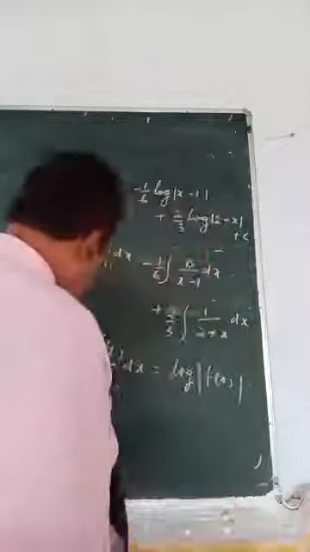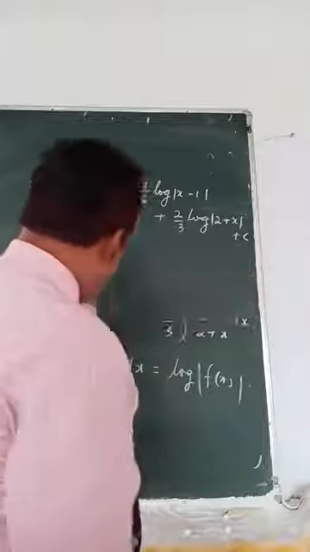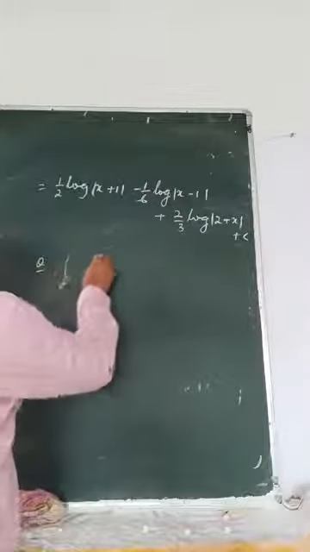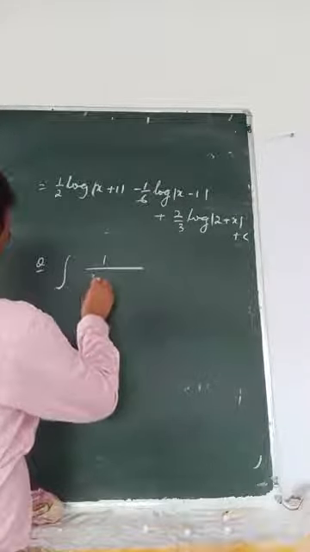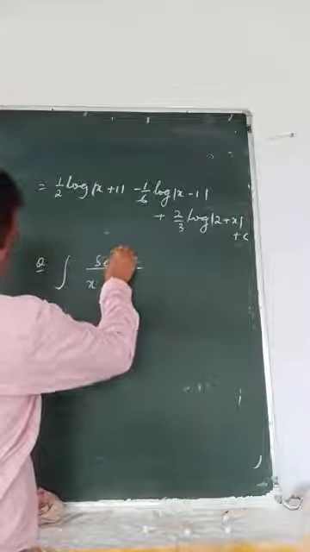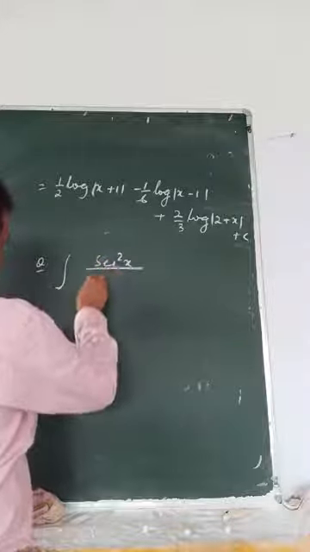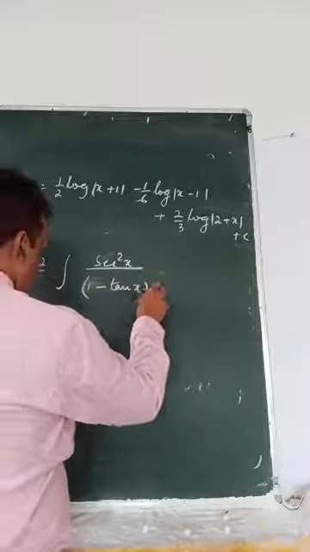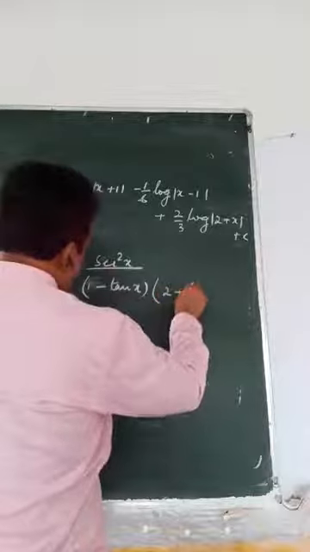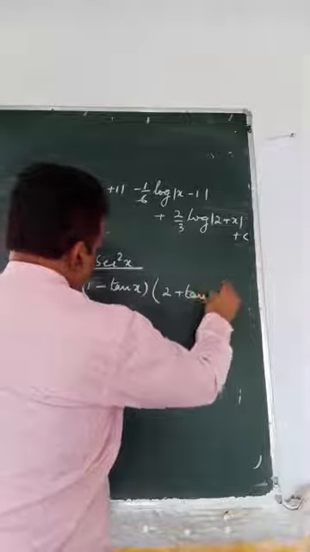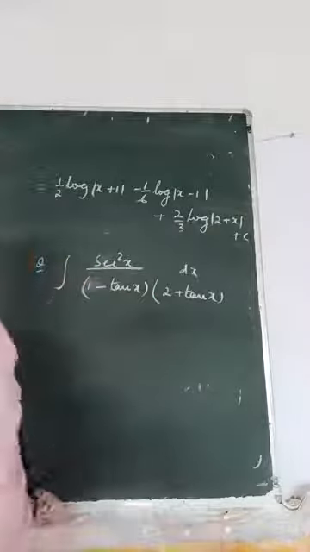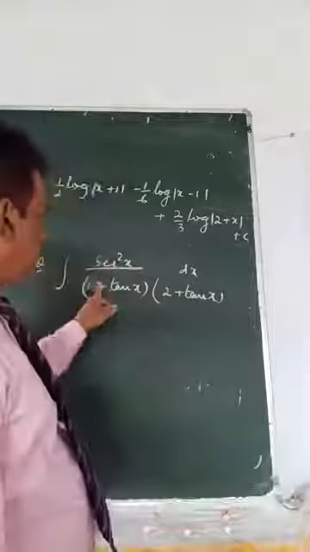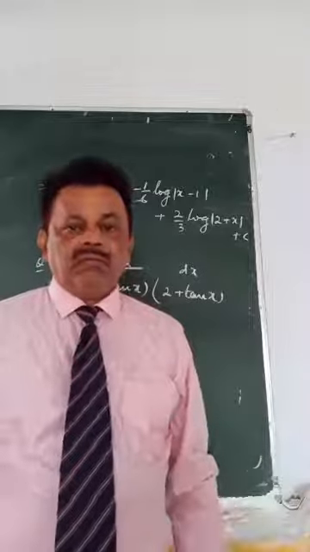Now see another pattern here. Suppose we take a question: sec square x by 1 minus tan x, 2 plus tan x. Remember, partial fraction is used for algebraic functions.